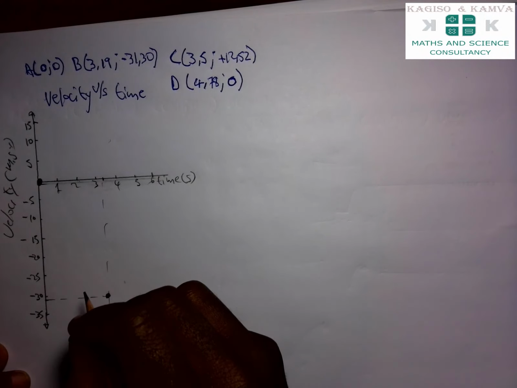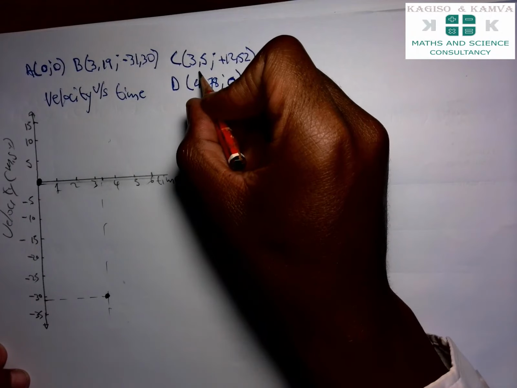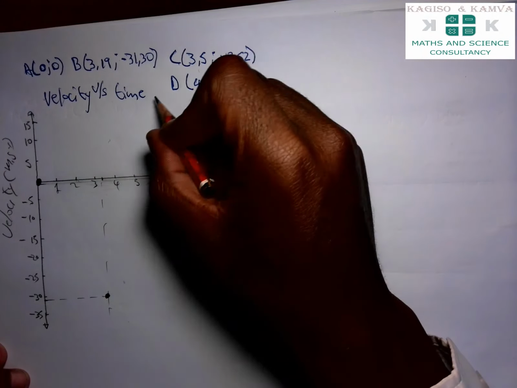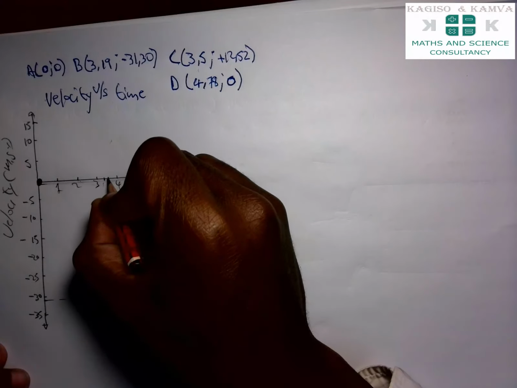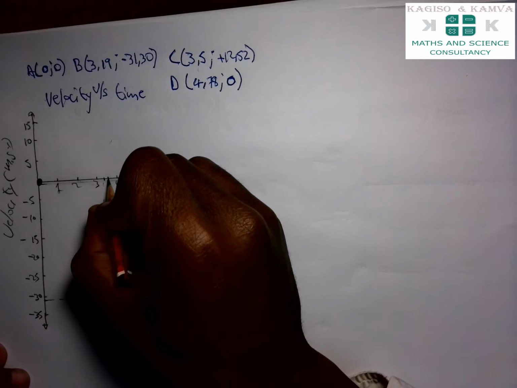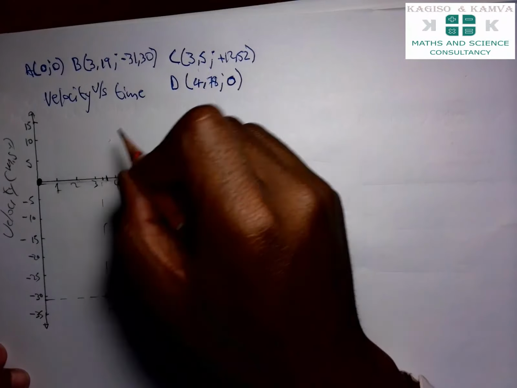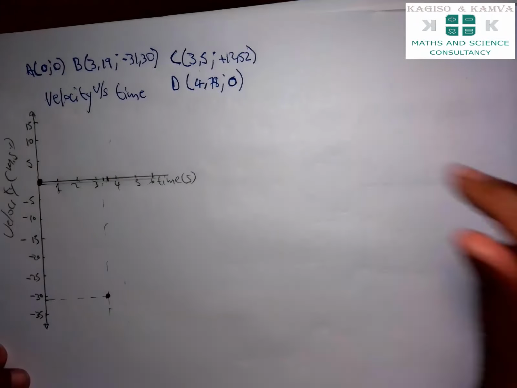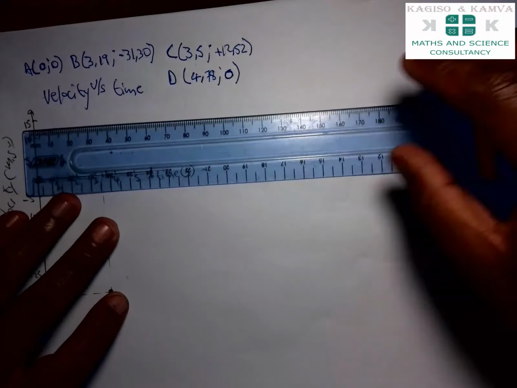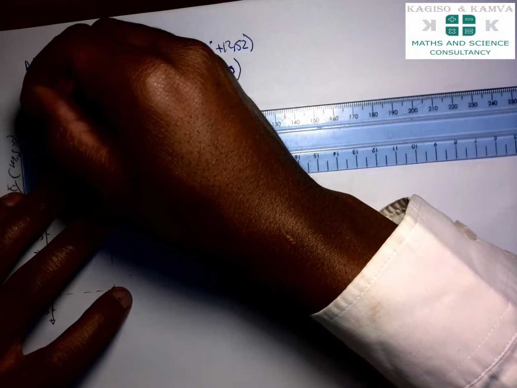Okay, and then what do we have at C? The time is now 3,5, somewhere there, halfway. And now the velocity is 12,5, somewhere between 10 and 5, somewhere there.